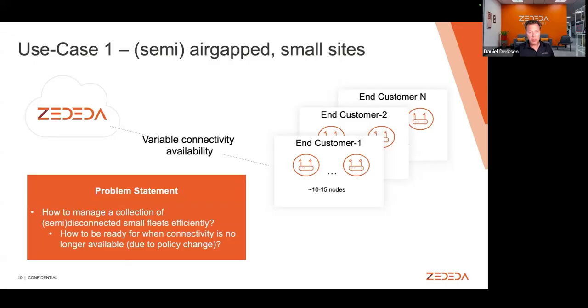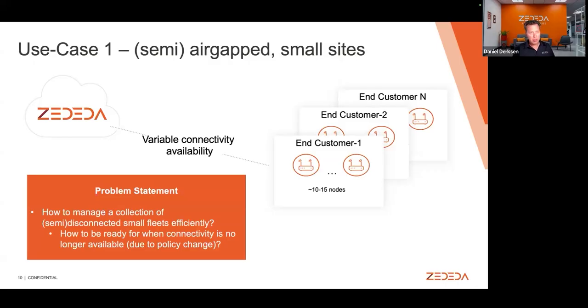From an edge node perspective, what they typically do is deploy 10 to 15 nodes on each of those end customer locations. So it's a relatively modest type of deployment per end customer, but clearly it solves an important problem for them in that industrial infrastructure.